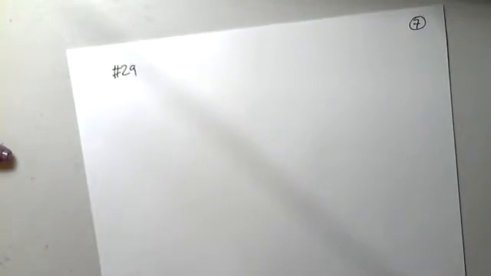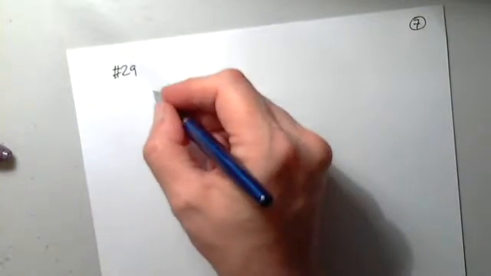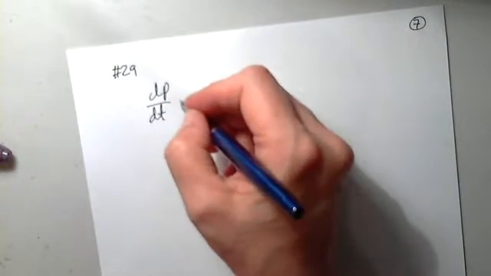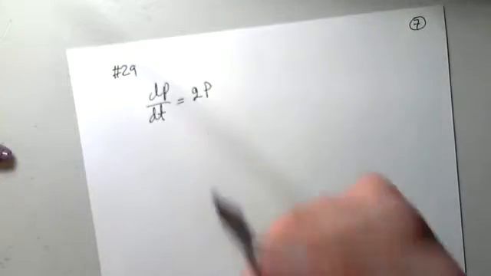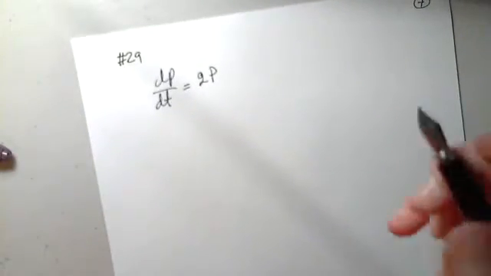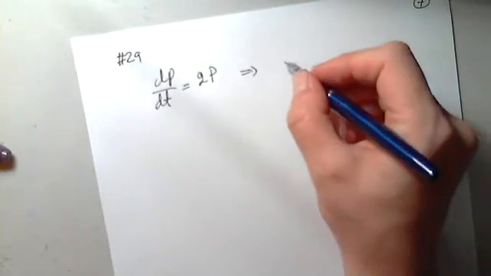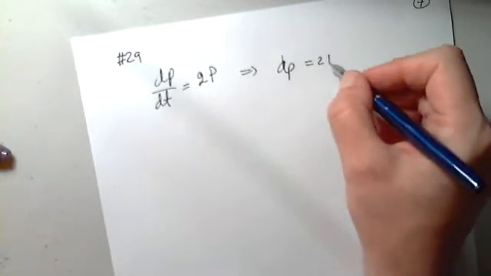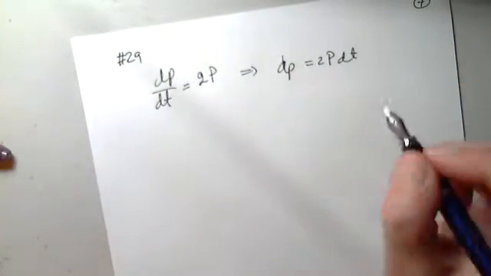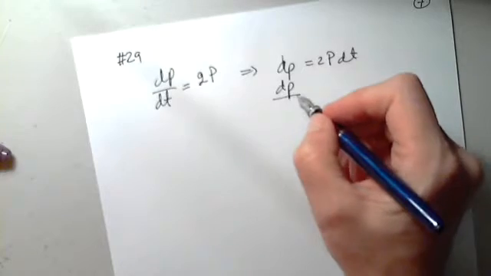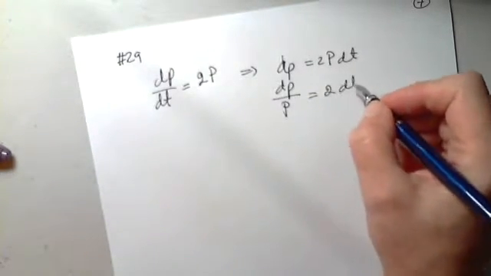On page 7. My page 7. 29. dp over dt equals 2p. Cross multiply. dp equals 2p dt. Divide both sides by p. dp over p equals 2 dt.